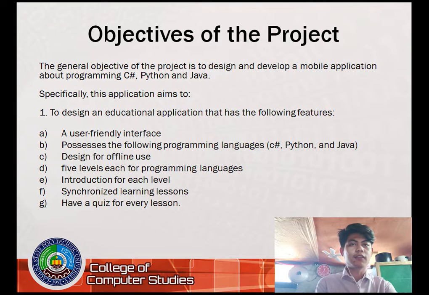Third is to design for offline use. Fourth is to have 5 levels for each programming language. Sixth is an introduction for each level. Seventh is synchronized learning lessons. Next is a quiz every lesson.